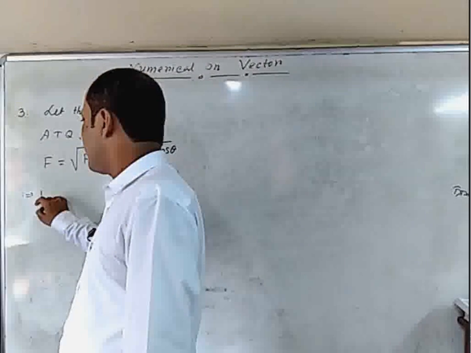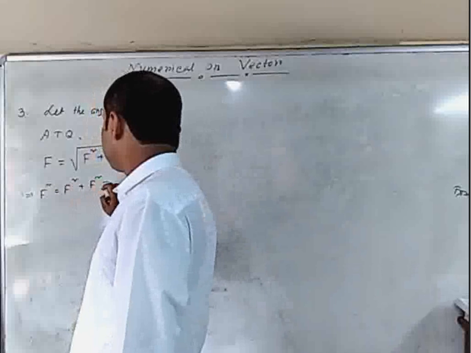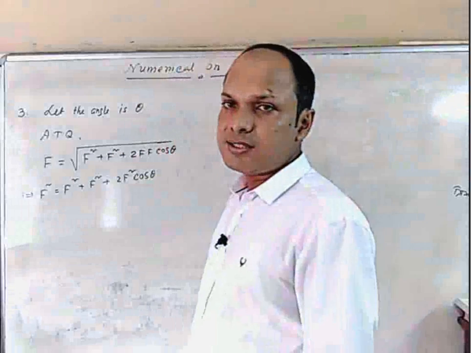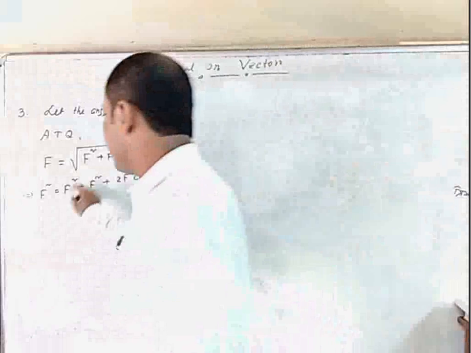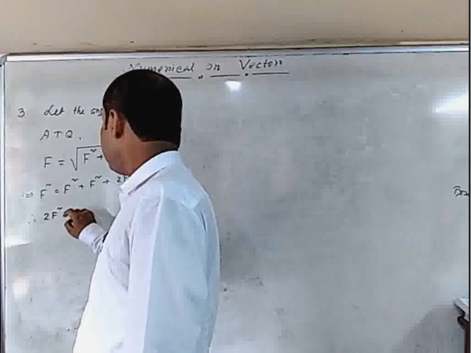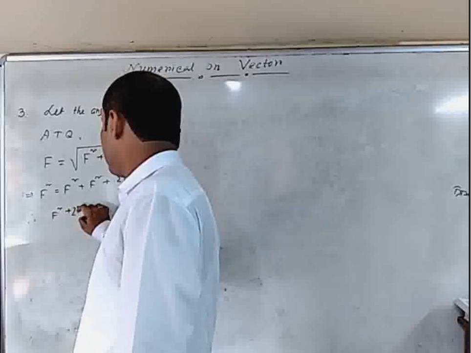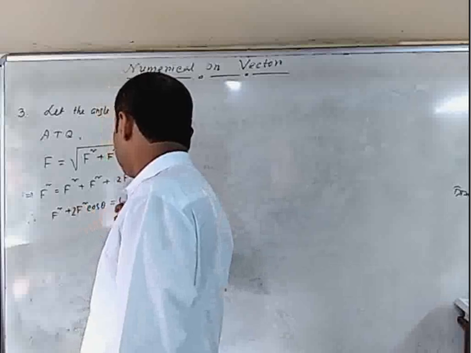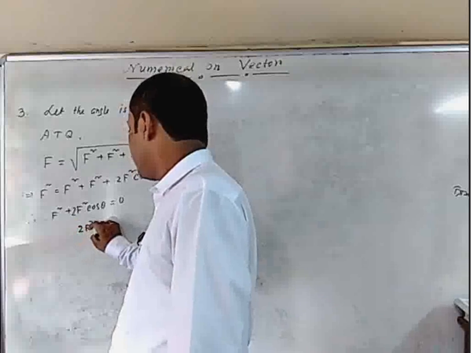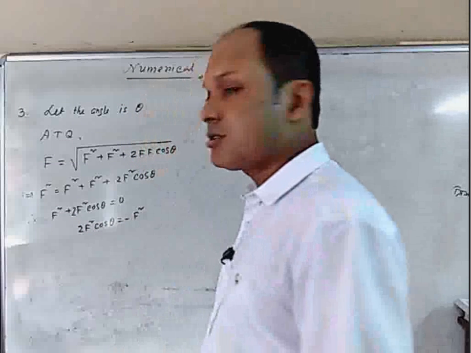So if you take the square on both sides, it will be like this. Therefore, F square cancel, F square plus 2F square cos theta equal to 0. 2F square cos theta equal to minus F square.